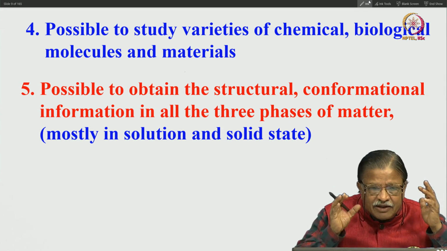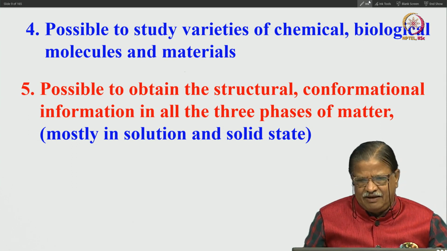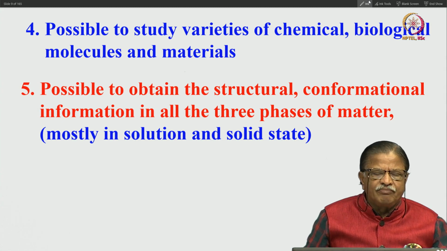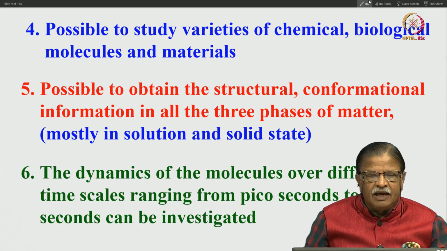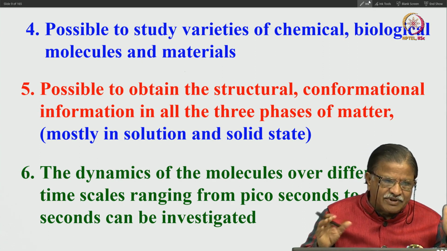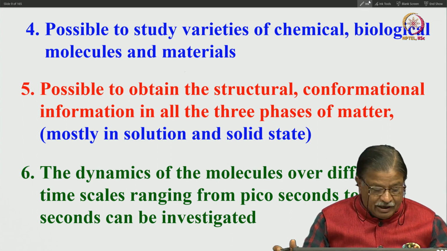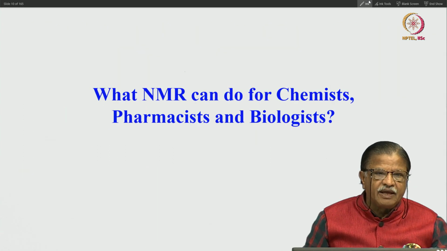You can study NMR in solution state, solid state and also in gaseous state, but mostly NMR is practiced in solution and solid state. The dynamics of molecules on different time scales, ranging from picoseconds to microseconds to seconds, can be investigated.